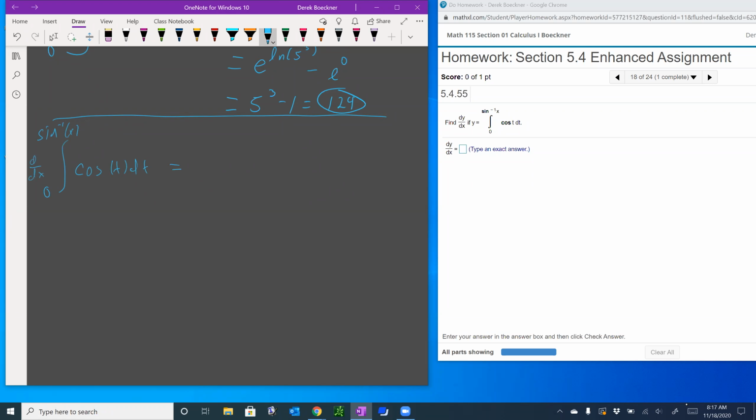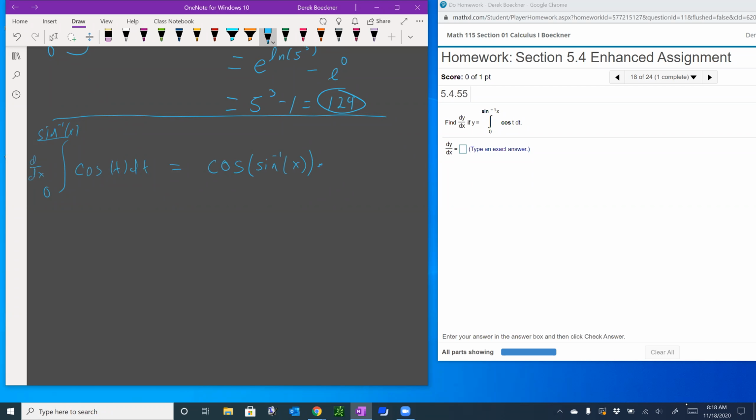So it's going to be the cosine function, the inside function of the integral, applied at the upper bound. And then I have to multiply by the derivative of that sine inverse function.